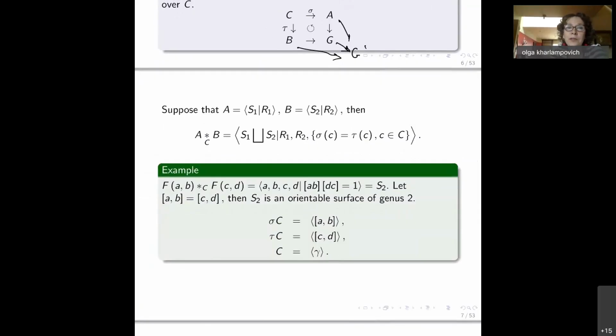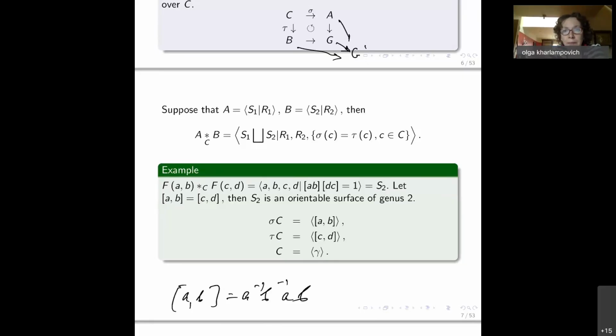One free group is given by generators A and B, another is given by generators C and D. And we amalgamate along this cyclic subgroup C, generated by an element gamma, and we define sigma of gamma as a commutator of A and B and tau of gamma as a commutator of C and D. I write the commutator as A inverse, B inverse, A B. Now what are going to be the relations if we look at this?